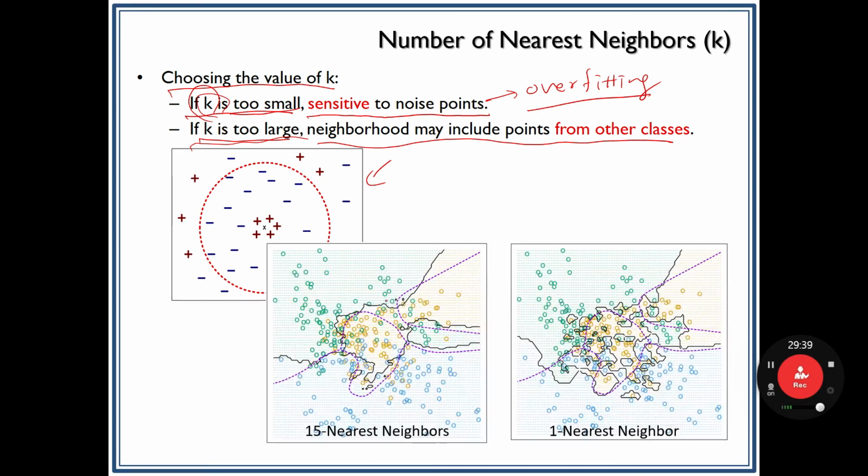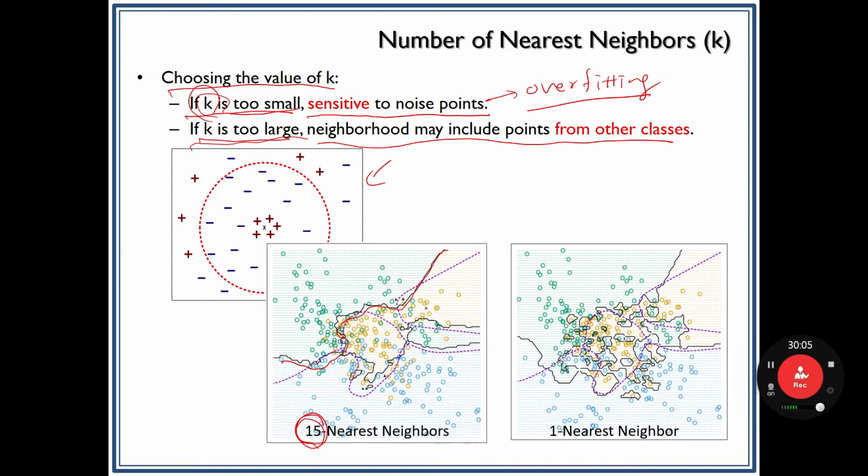And let's take a look at these two figures. In this example, there are three classes: green class, yellow class, and blue class. If we set k to 15, these solid lines are the decision boundary based on 15.